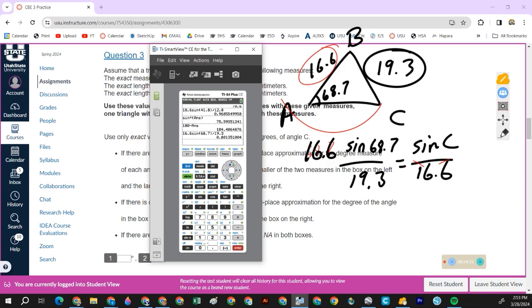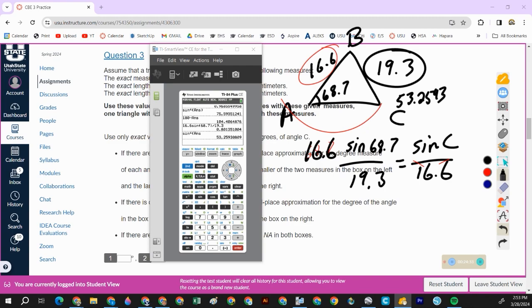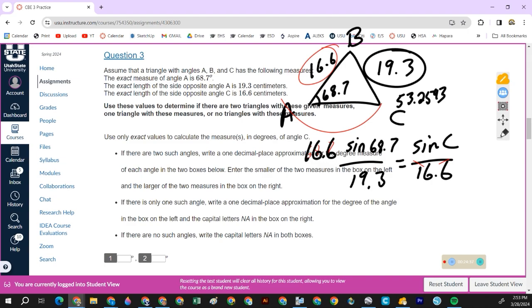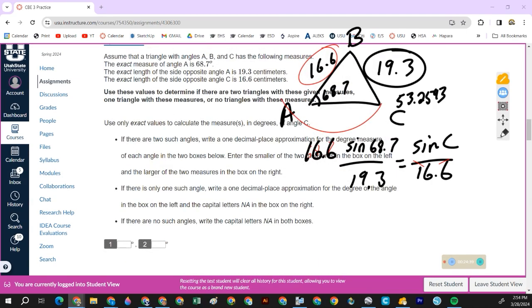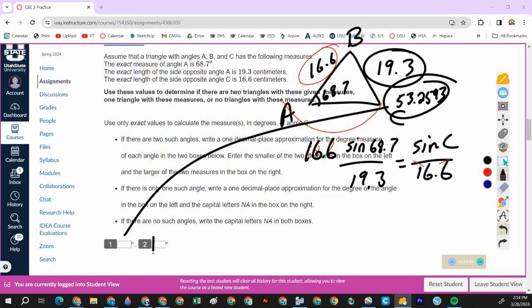And I get 0.8. So I invert the sine and I get angle C is 53.2593. All right. And so I would put that number in there and then I would put NA here.